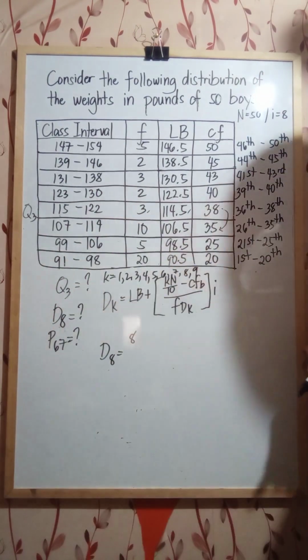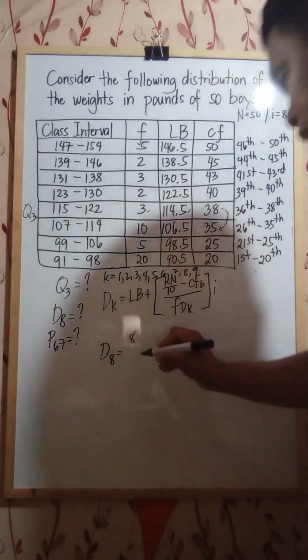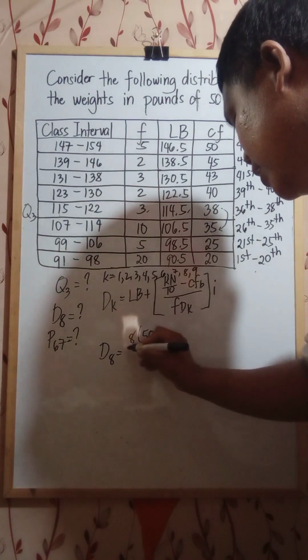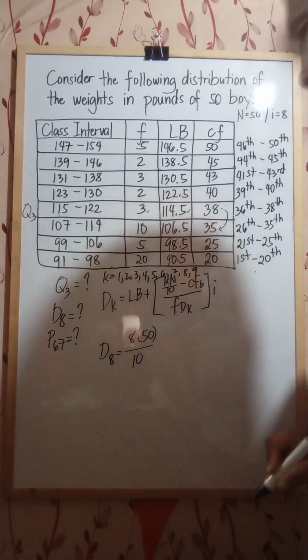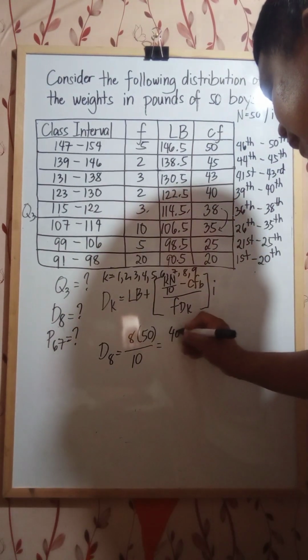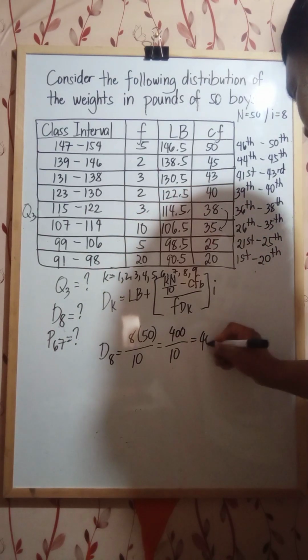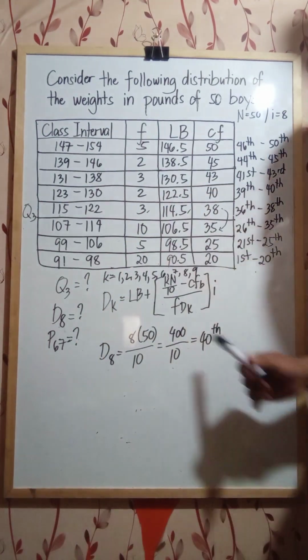So, that is 8 times the N, which is 50, all over 10. Okay? So, 8 times 50 is 400, divided by 10, so you have 40. It means it is located at the 40th place of your data.